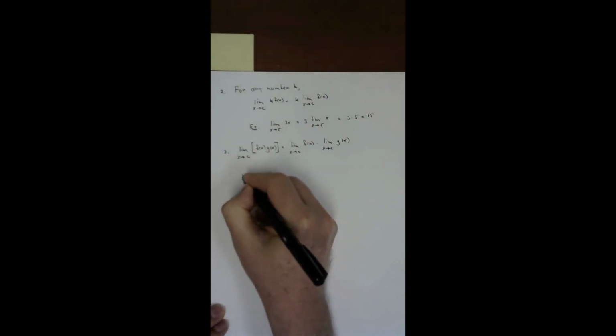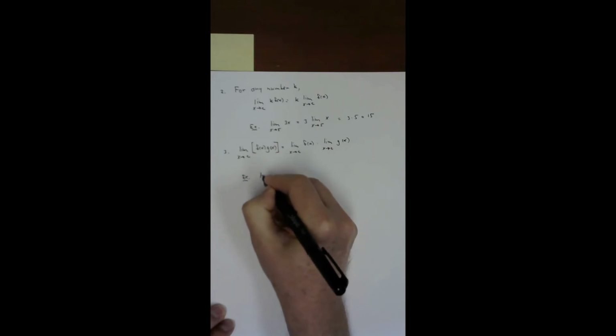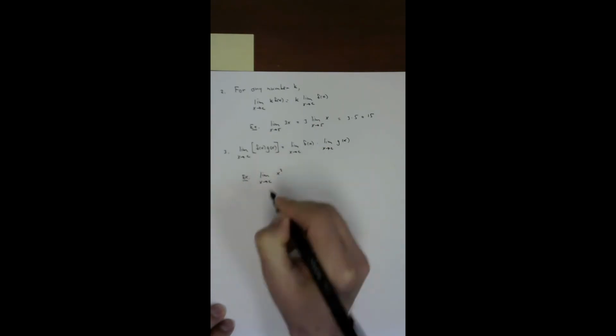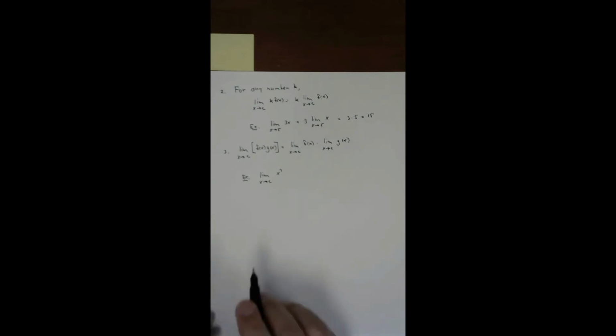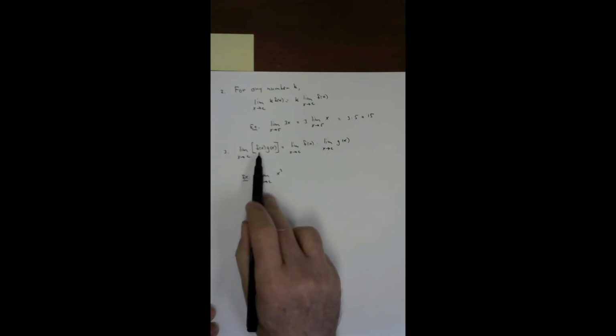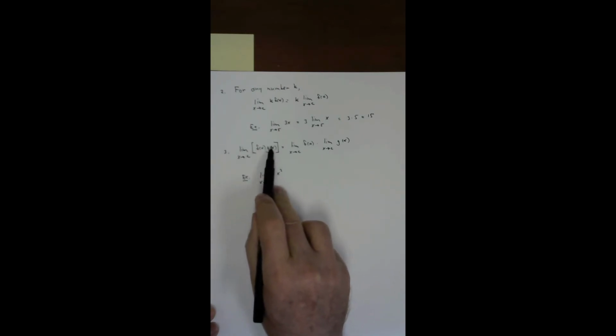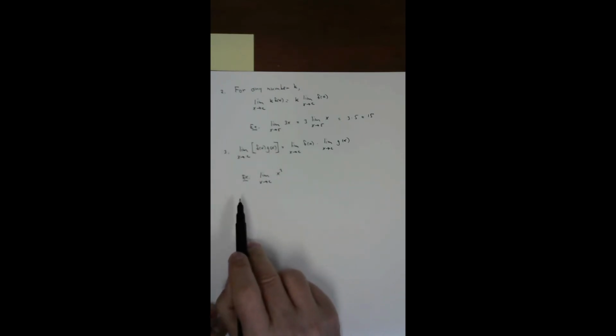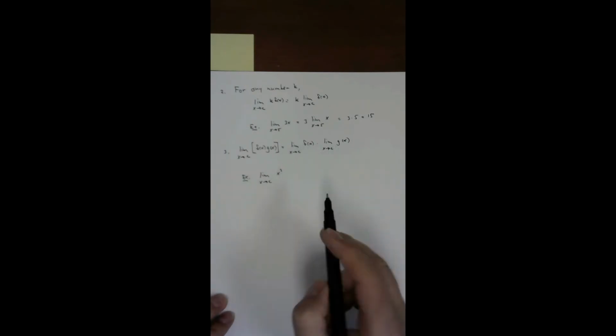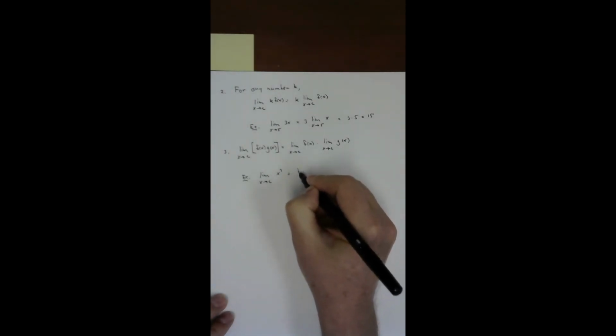So for example, if we look at the limit as x goes to c of x squared, well, this is x times x. So our f of x is just the function x, and g of x is just the function x. And so we can break that up into 2.